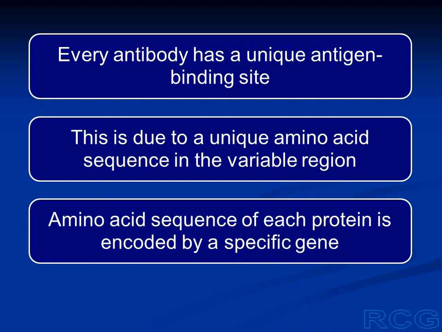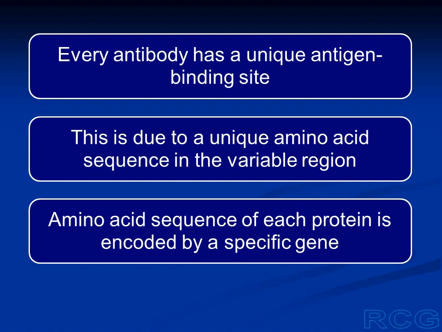We have seen that every antibody has got a unique antigen binding site which is complementary to the epitope of a particular antigen. And this specificity in antigen recognition is because of a unique amino acid sequence in the variable region of light chain and heavy chain.